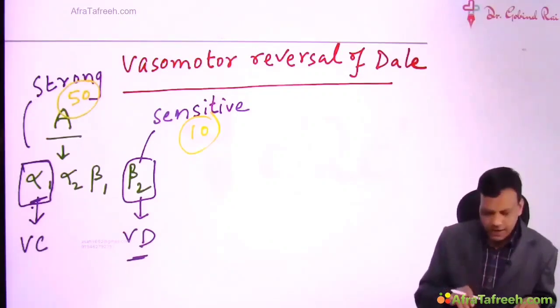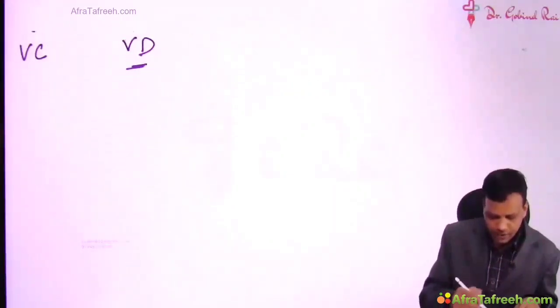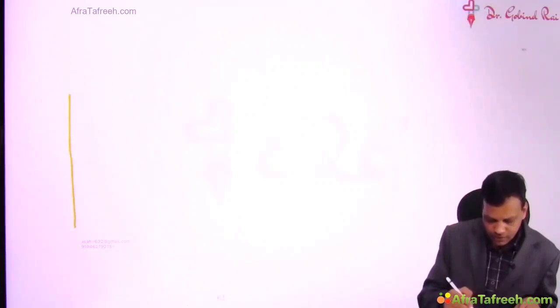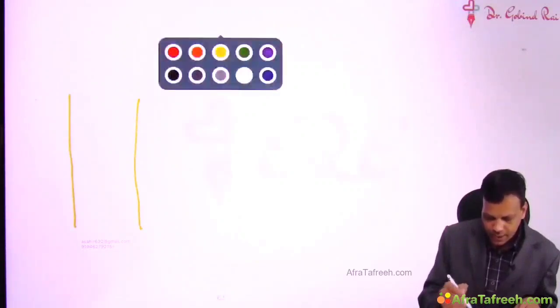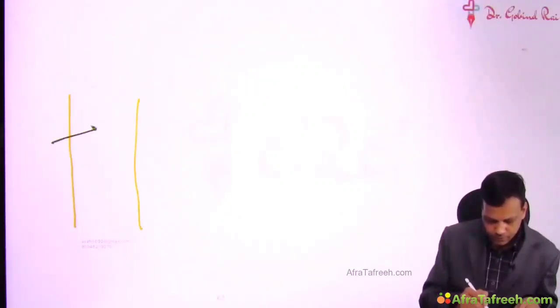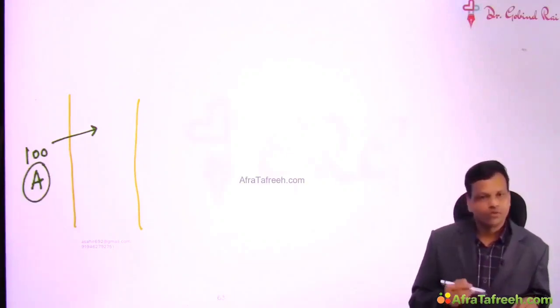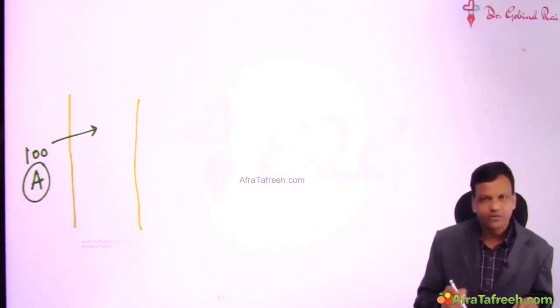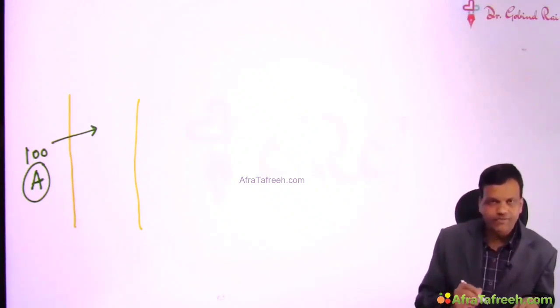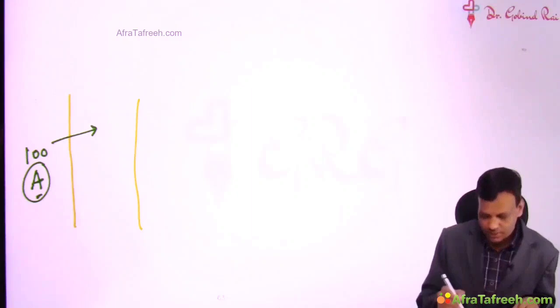So if we give 100 molecules of adrenaline by IV route, which receptor will be stimulated? So both will be stimulated, alpha 1 and beta 2. And when both are stimulated, the net effect will be due to alpha 1 receptor, because that is a strong receptor. So this is the normal blood pressure.